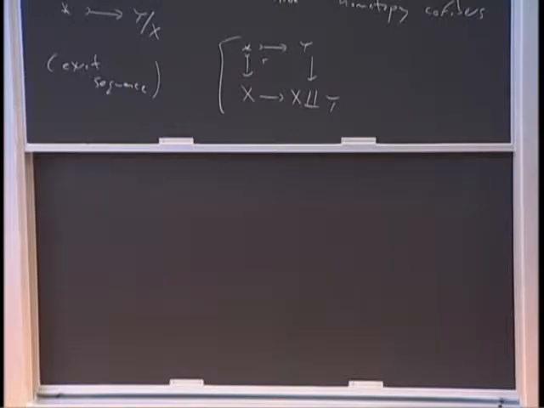And from this, so what do we do with this? Well, Waldhausen tells us now how to build algebraic K-theory from this data. And so I'll tell you a little bit about how to do that, although not too much.